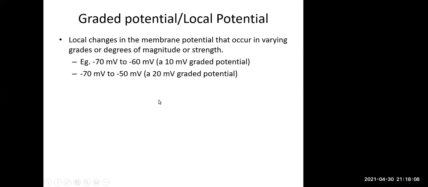What is a graded potential or local potential? It is a local change in the membrane potential that occurs in varying grades or degrees of magnitude or strength. Usually, the graded potential from the resting membrane potential can go up to a 10 millivolt change, or a 20 millivolt change.